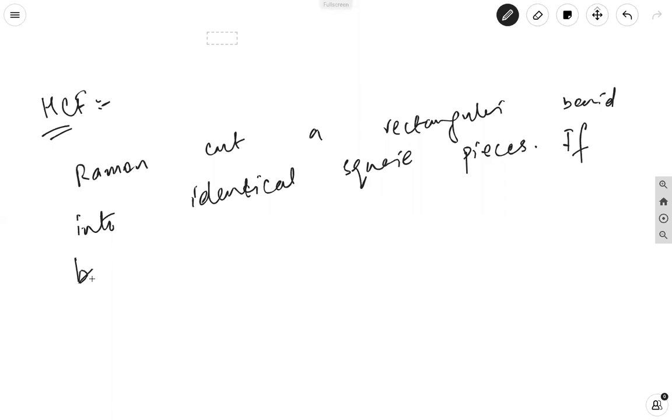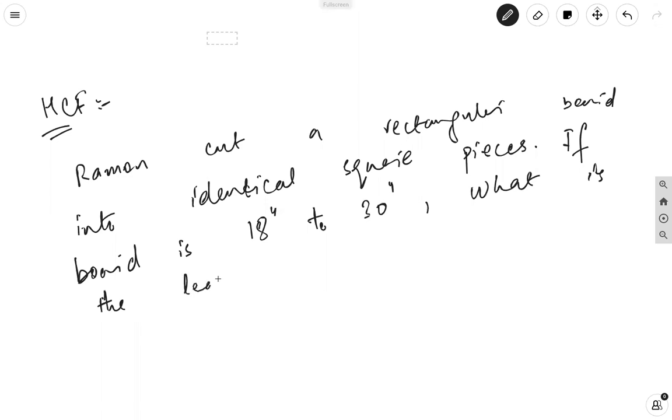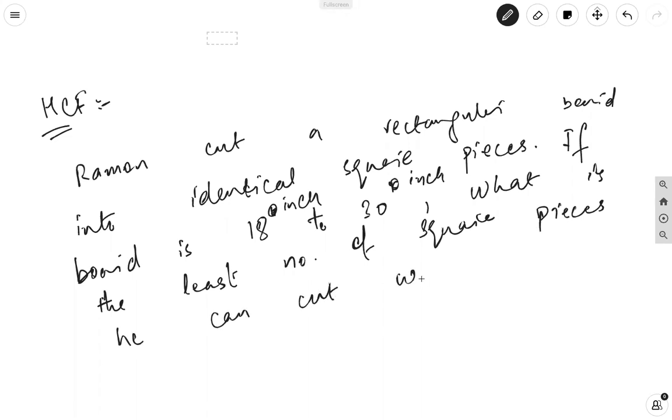If the board is 18 inch by 30 inch, what is the least number of square pieces he can cut without wasting any board?